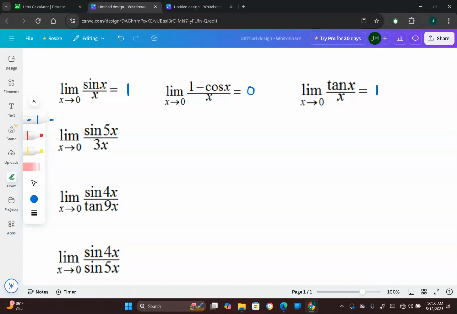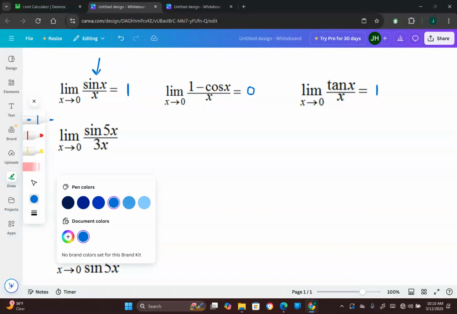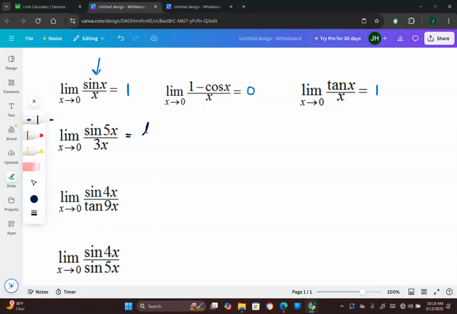Now, what do we do if we're looking at this limit, but it's got some numbers involved, like sine of 5x over 3x? What are we going to do? Well, there's a little procedure here that I can show you that may help out. What I'm going to do is rewrite this limit as x approaches 0, and I'm going to give myself a little bit of room here.